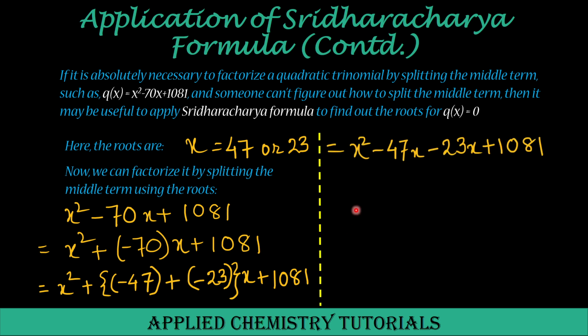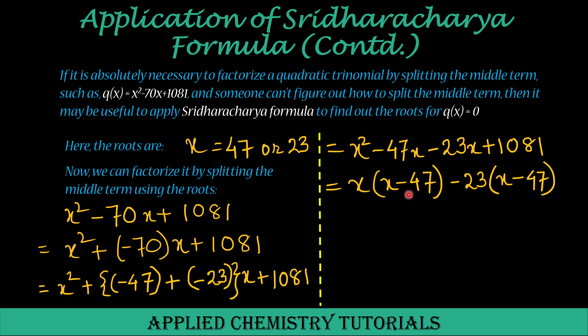Now if we expand it, we can have x² - 47x - 23x + 1081, and if we take x as the common factor from the first two terms, we will have x multiplied by (x - 47). Similarly, if we take -23 as the common factor from the third and fourth terms, we can have -23 multiplied by (x - 47).